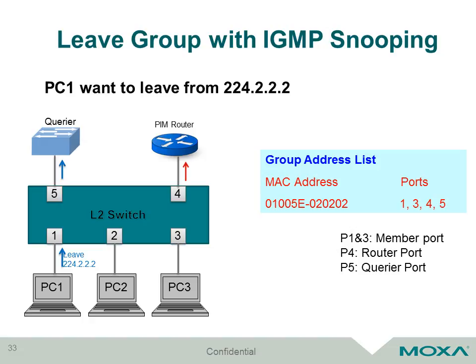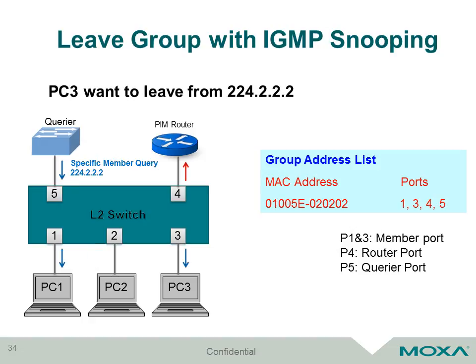If no one responds to that specific member query, the querier will kick out the group from its group address list. As you can see from this diagram, PC1 sends out a leave message to the querier and router.